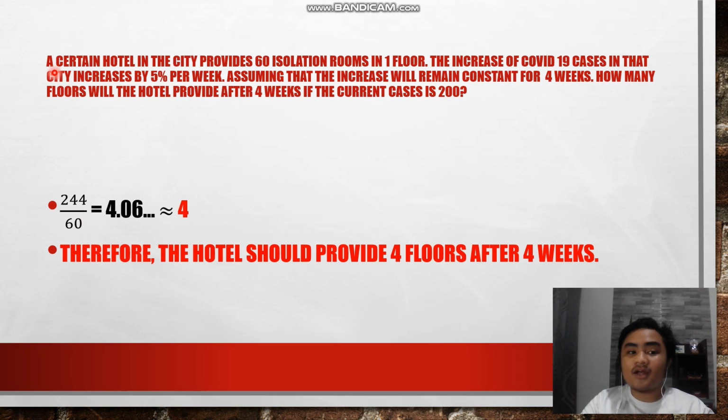It is stated here, a certain hotel in the city provides 60 isolation rooms in one floor. That is why 244 divided by 60 is equal to 4.06, which is rounded up to 4. So therefore, the hotel should provide 4 floors after 4 weeks.